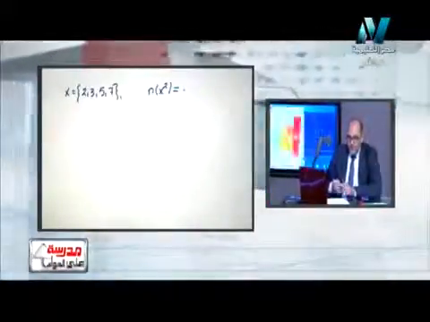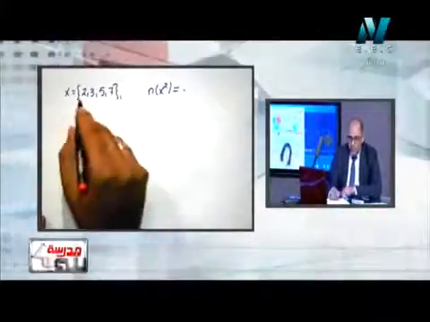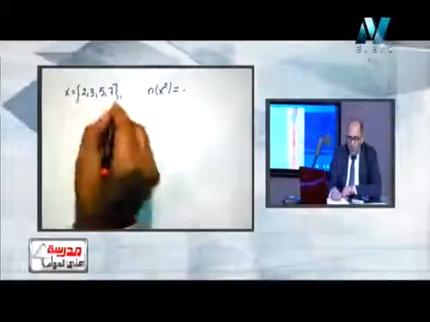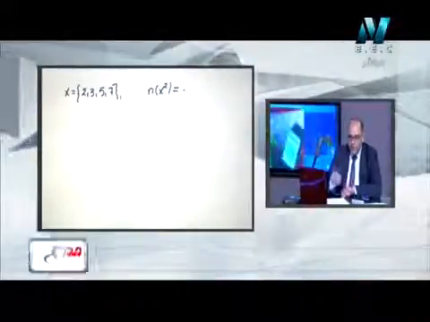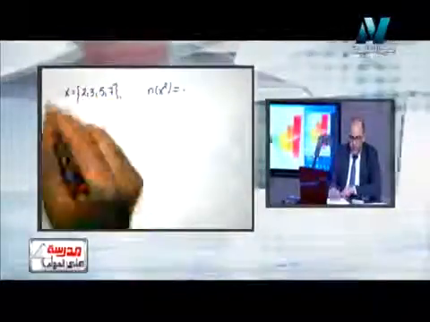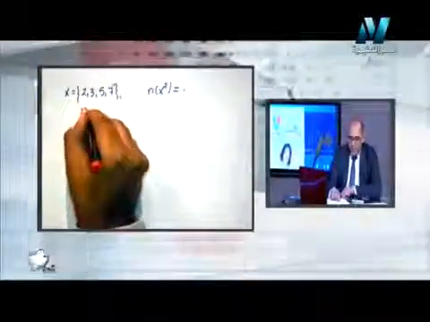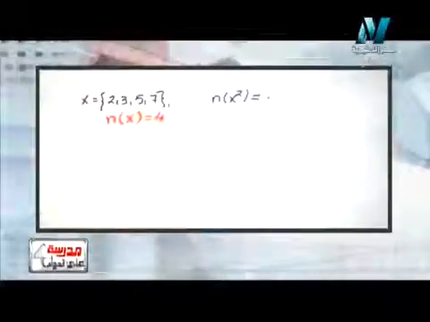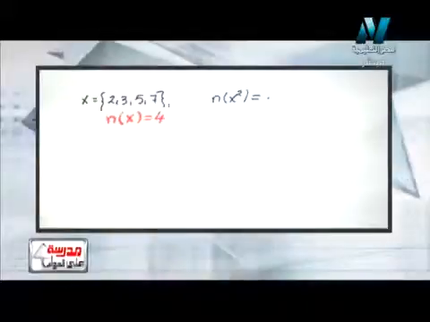In this problem, here we have the set x with elements 2, 3, 5, and 7. Then ask yourself how many elements of x? You can count 1, 2, 3, 4. So you can see here n of x equals 4, because the number of elements of x equals 4.